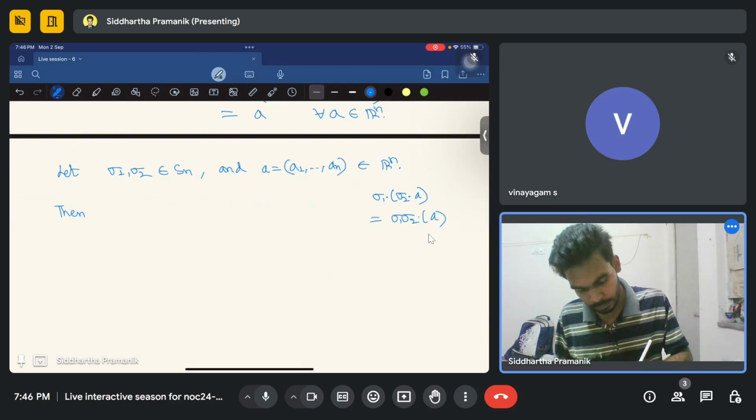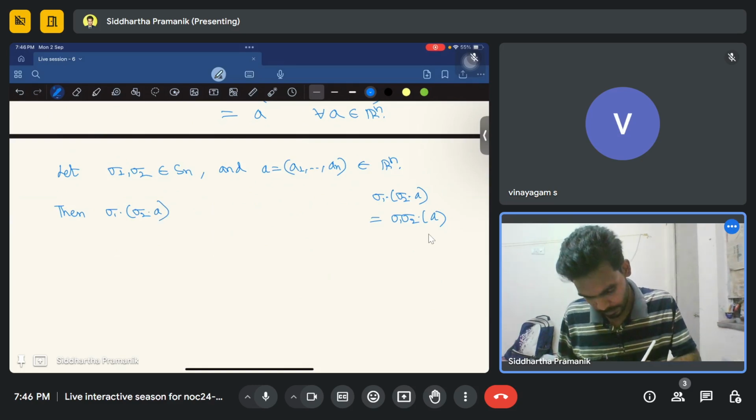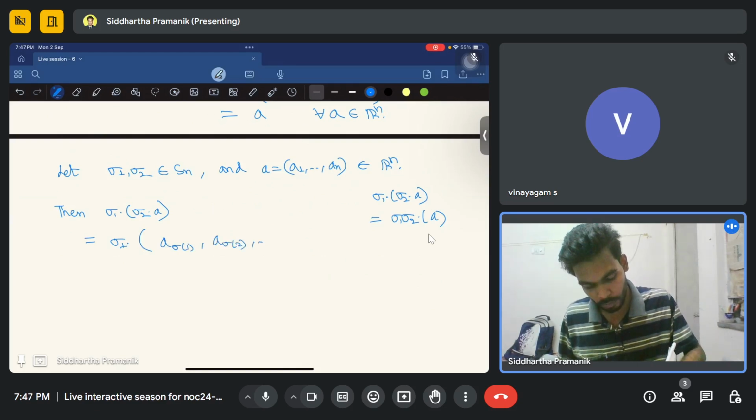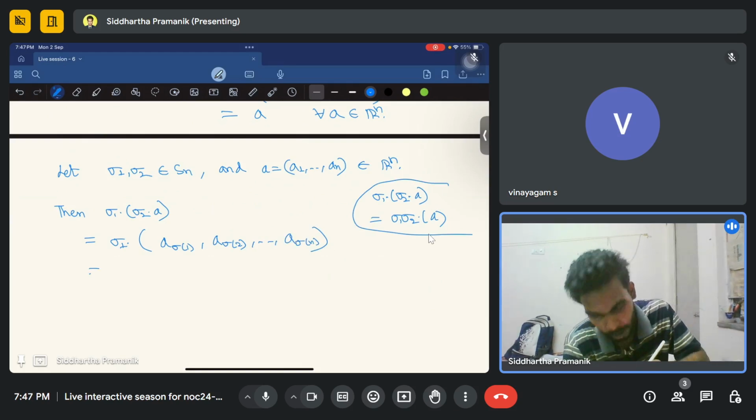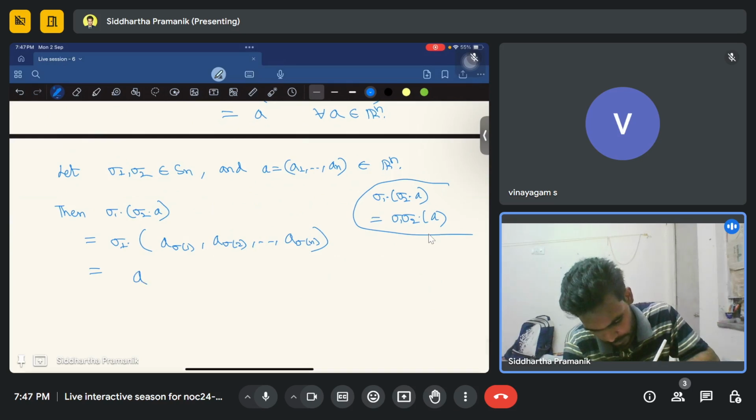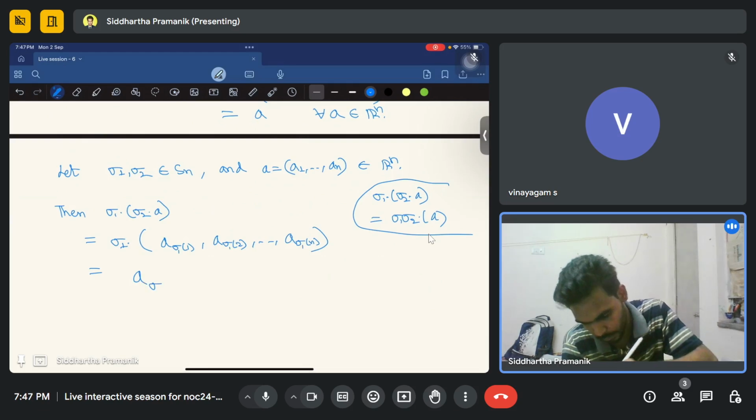Then sigma 1 dot (sigma 2 dot a), what is this? This is sigma 1 dot a of sigma 2(1), a of sigma 2(2), up to a of sigma 2(n). Now apply sigma 1.